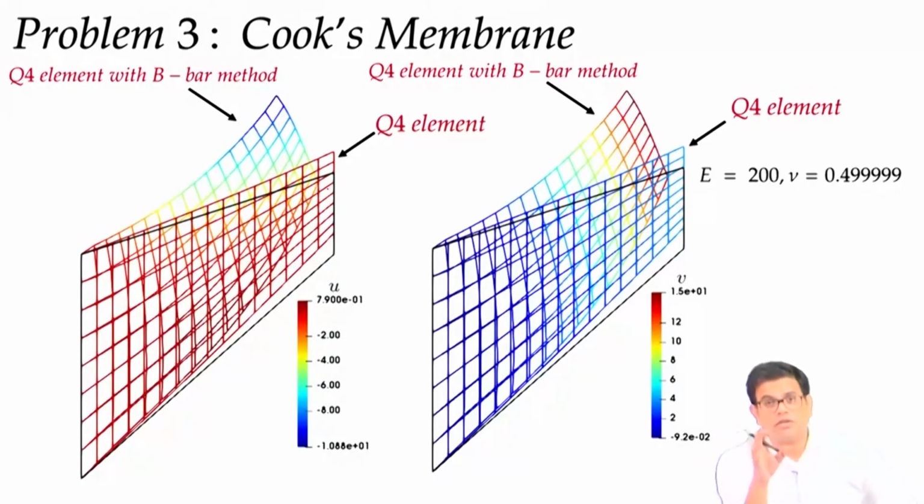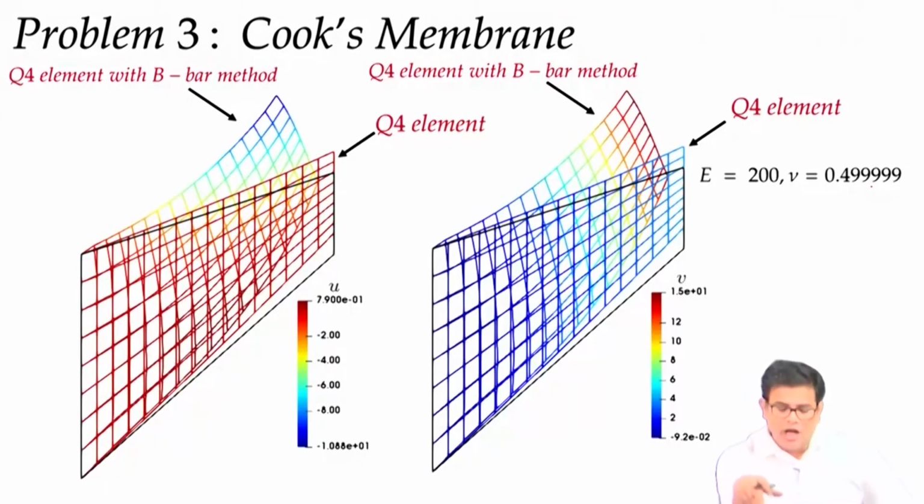The main part of the solution is the deviatoric part. So volume remains constant, and only the shape or distortional part is effective. The shape change is happening. Here I am just taking the Poisson's ratio as 0.4999, that is, 0.5 minus 10 to the power minus 6.